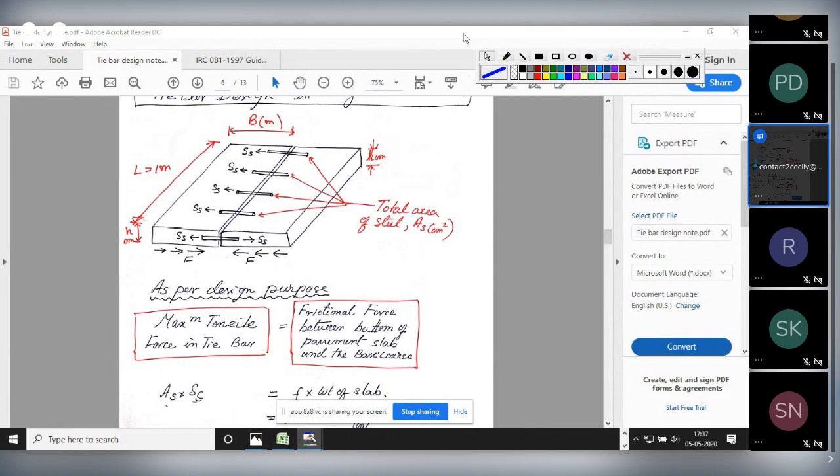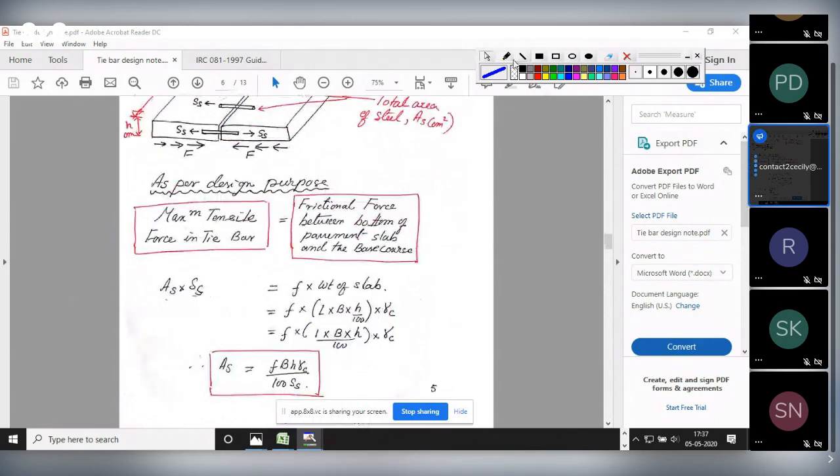Can we use that formula? Yes. So it's tensile force, which means the stress here is the tensile stress in the steel. Tensile force is equal to tensile stress in the steel into area of the steel.